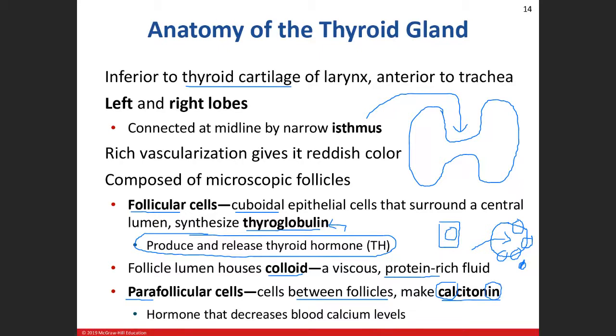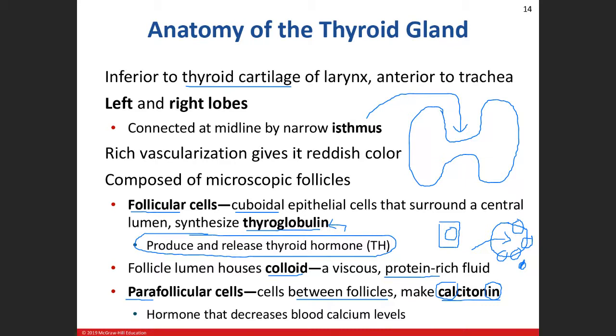So, when your blood calcium levels are high, these parafollicular cells pump out this calcitonin. The calcitonin inhibits osteoclast activity. So remember what osteoclasts do? They break down your bone matrix. So these prevent your bone matrix from being broken down, so your blood calcium levels don't rise.